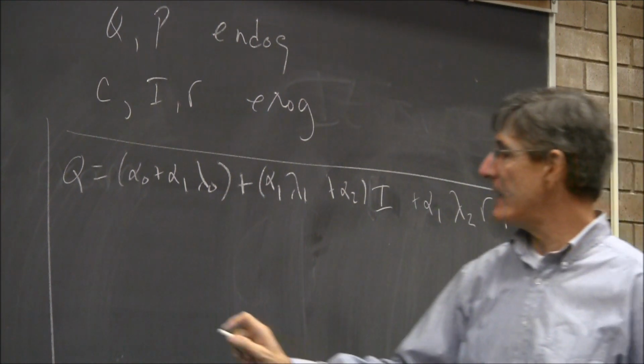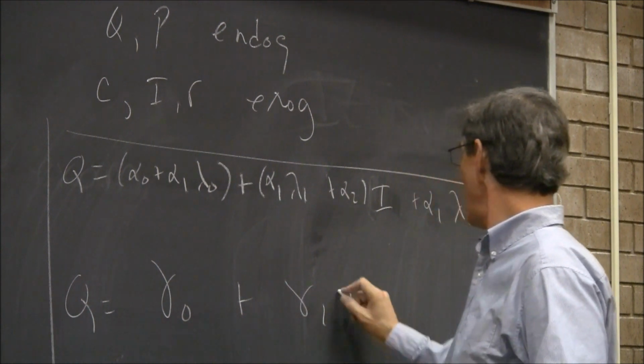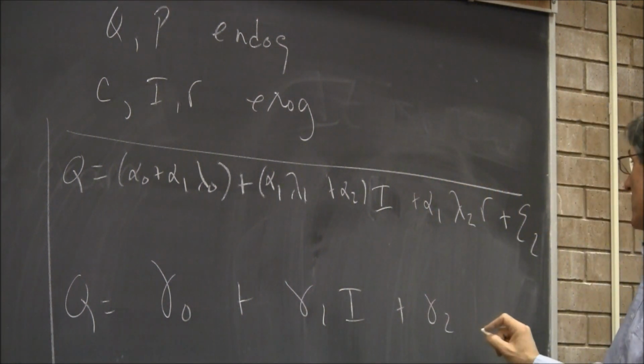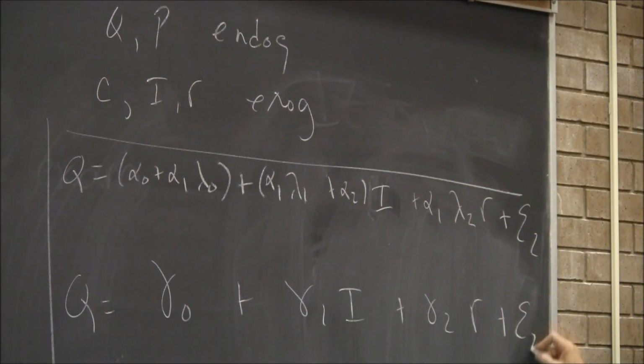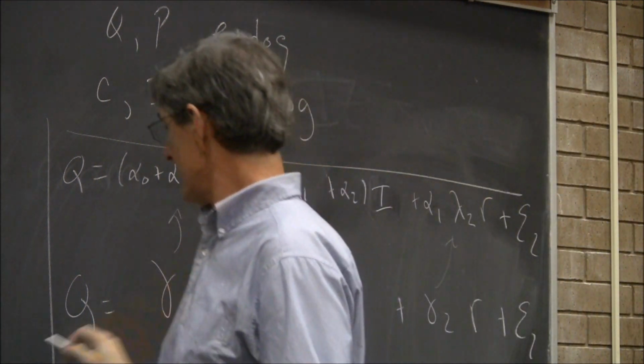And when we estimate this, what we'll actually get is gamma 0 plus gamma 1 I plus gamma 2 R plus E2. So gamma 2 is that, and so on.